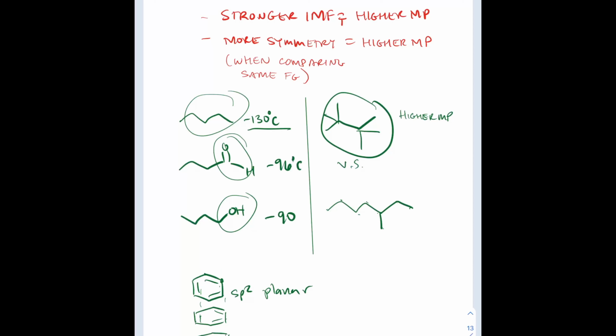That's why symmetry allows for a higher melting point: if there's better symmetry, they're perfectly aligned with one another, and they can have stronger intermolecular forces in the solid state. Therefore, they're going to have a higher melting point. Okay.